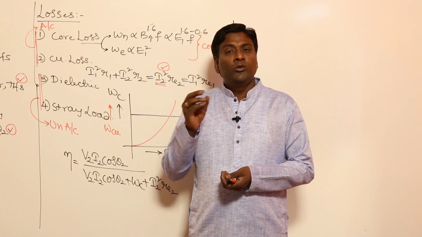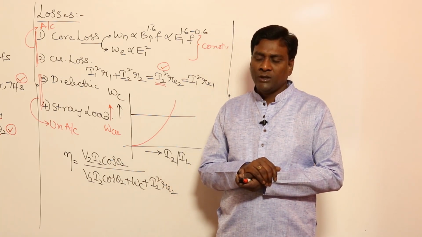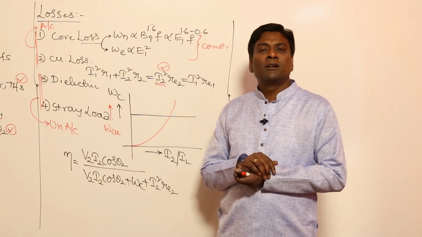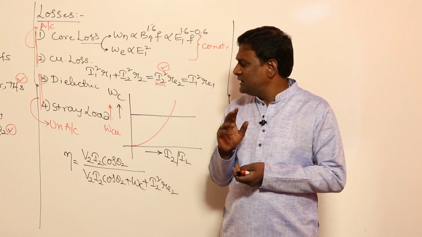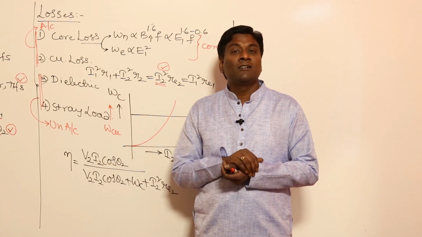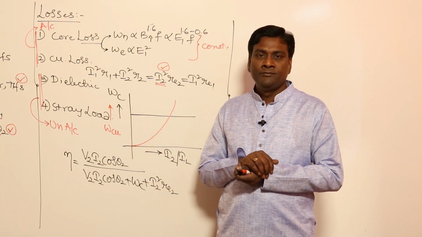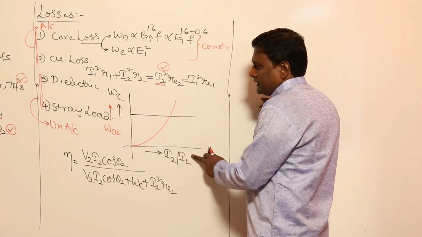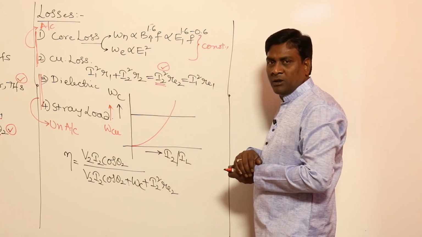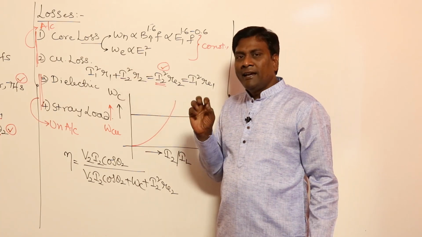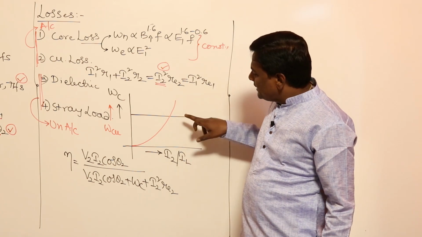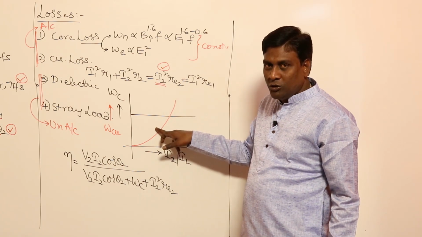At what point are we going to get maximum efficiency? Many people, like in BTech or some students from coaching centers, also feel that at maximum efficiency losses will be least. That is wrong. Because for example, if I say at maximum efficiency the magnitude of losses will be least, the combination of core loss plus copper loss is the total loss.